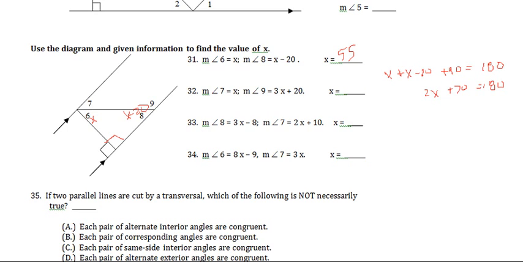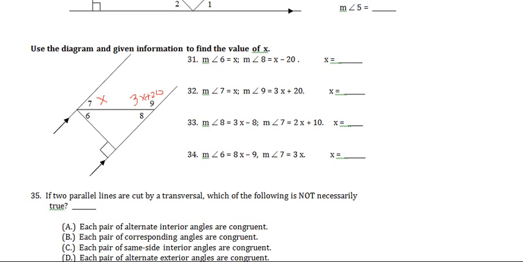Okay, I'm just going to write it down, but I'm going to erase it to give ourselves some more space. Next one says if 7 right here is x, and it wants to know 9 is 3x plus 20. Well, these are same side interior angles of parallel lines.